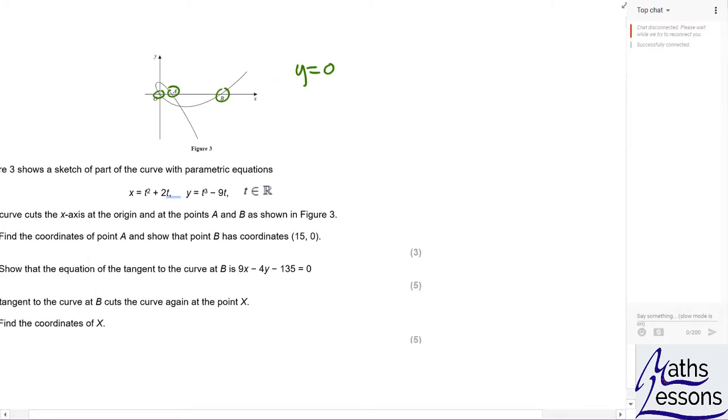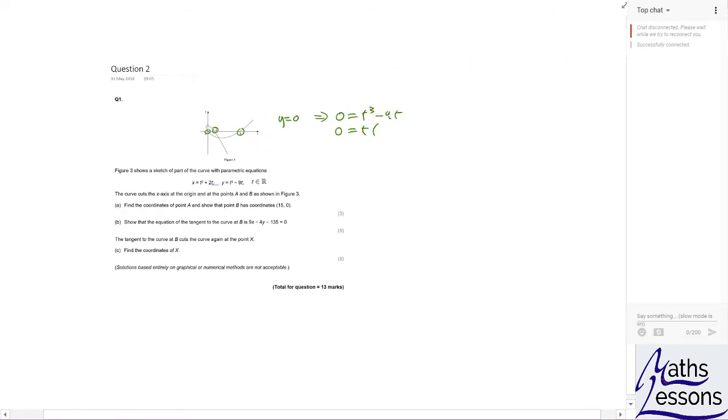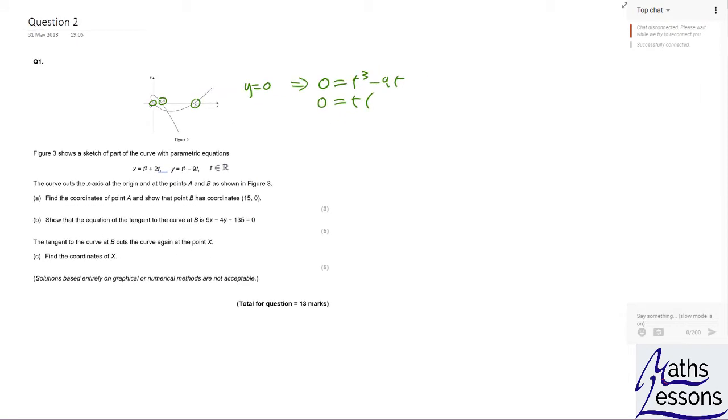So we know that y equals 0, so this implies that 0 will equal t cubed minus 9t. So 0 equals t, and I'm just going to give myself a bit more space. So t squared minus 9, which is t open brackets t minus 3 t plus 3. So t can equal 0, minus 3, or 3.